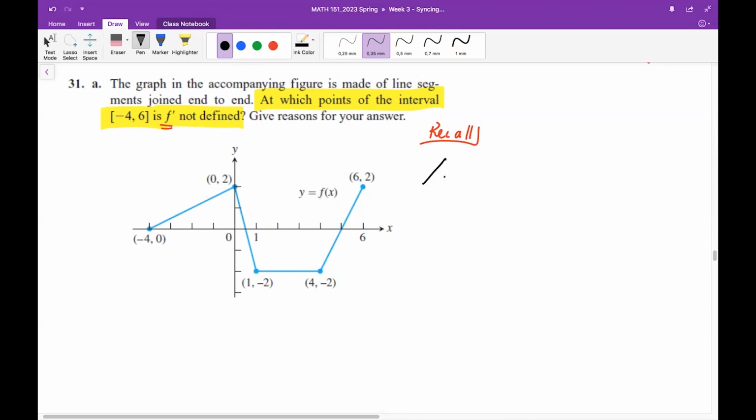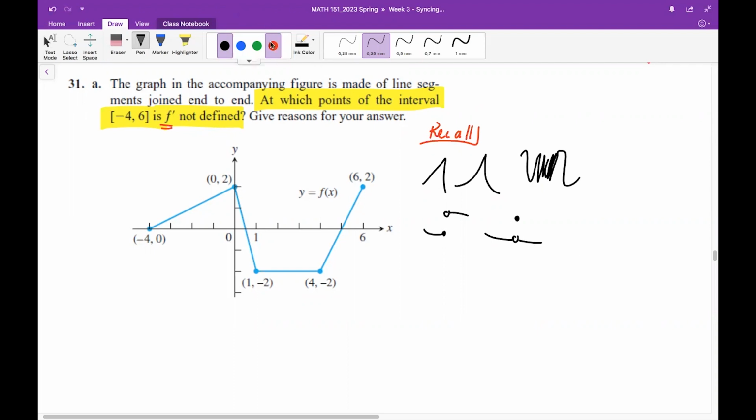If you have corners like that, or cusps, or wild oscillation behavior. Remember, we solved the wild oscillation function in the first part. And you may have some jumps, or some undefined points like this.